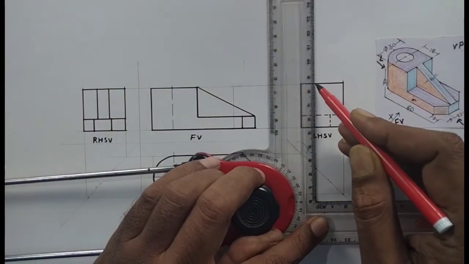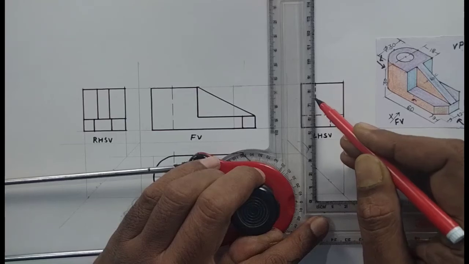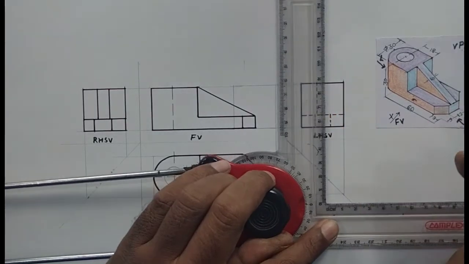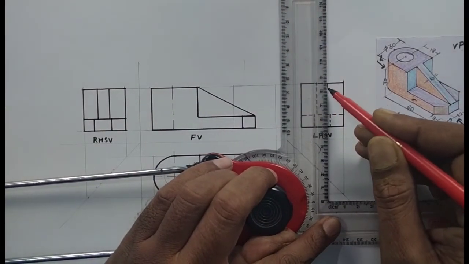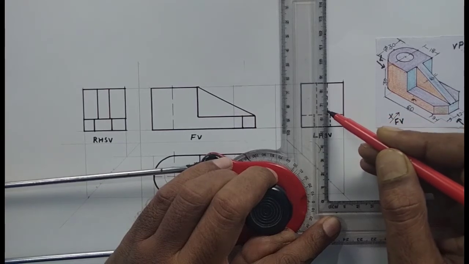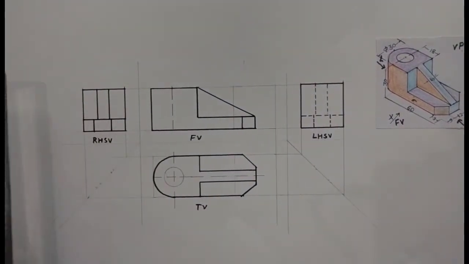So I take the horizontal projection from the plan and transfer it vertically to my left hand side view. Similarly, the center of the hole is not visible.